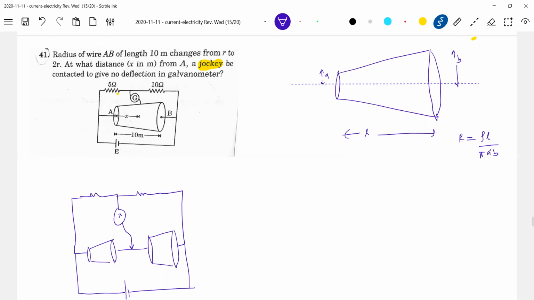At least now call this resistance RA, RX, RY, or R1, R2, better. This resistance is 5 ohm, this 10 ohm. This is a galvanometer. It is asking this length X, this will be L minus X. What is the resistance R1?